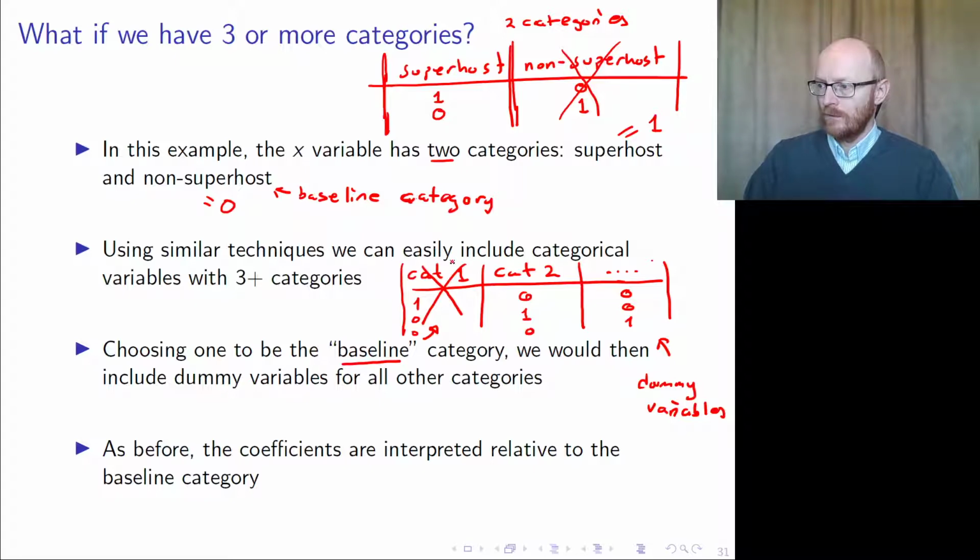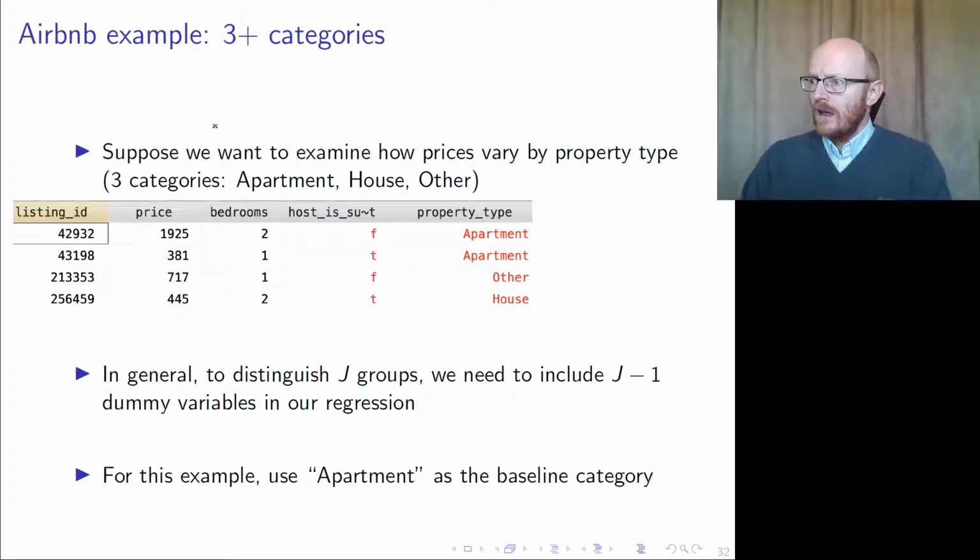Let's make an example here, where we want to examine how prices vary by property type, and we have three categories. Now already you know that you have to choose one base case, for which all the other dummy variables are set to 0.